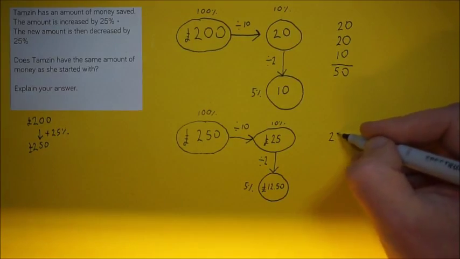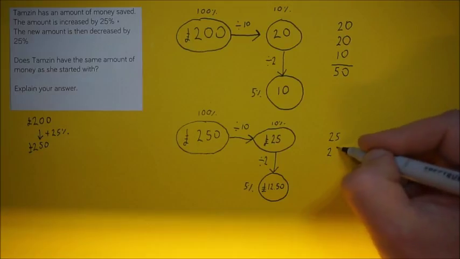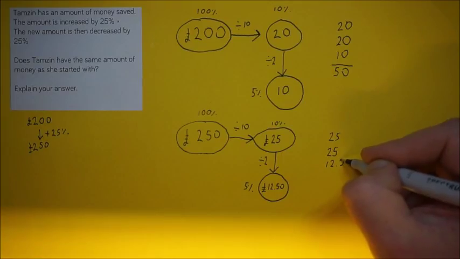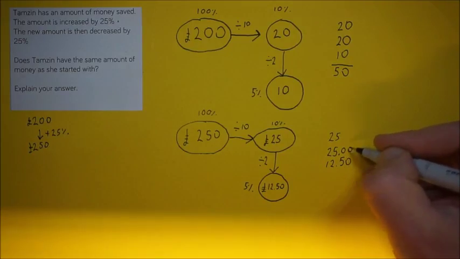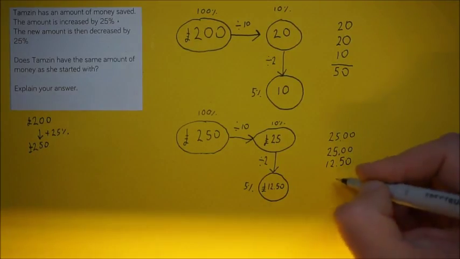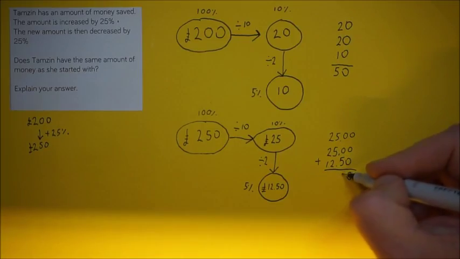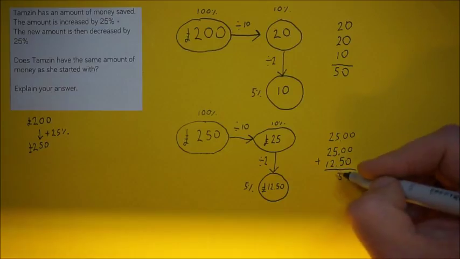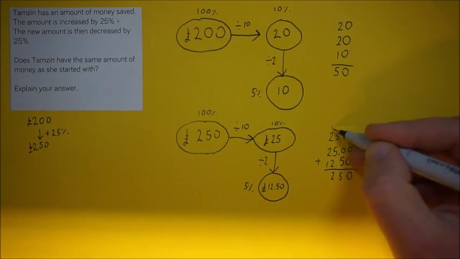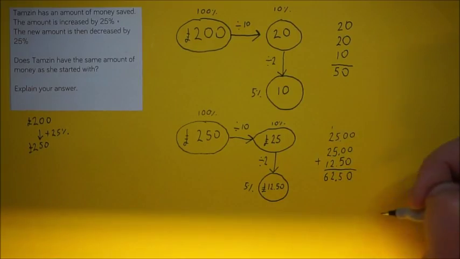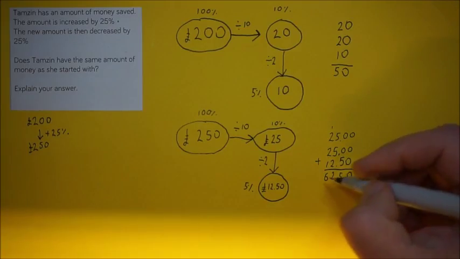So that's 25, 25, and £12.50. I'm going to put some placeholders in here and add these together. 0, 0, 0 is 0. 0, 0 and 5 is 5. 5, 5 and 2 is 12, carry the 1. 2, 2, 1 and 2 is 6. So our new 25% value is £62.50.